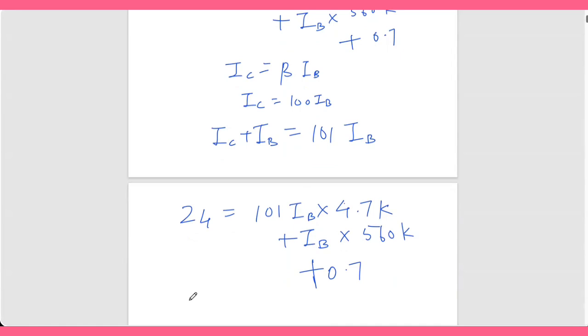So take this 0.7 this side, you will get 23.3 equal to, what is 101 into 4.7?